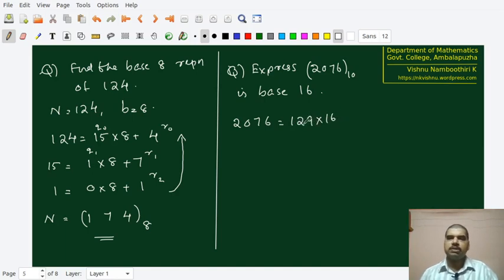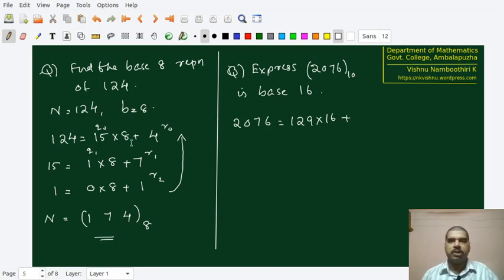What I did is just I divided 2076 by 16 using the calculator, and then took the integer part, because we know that the number of 16s that's in 2076 can be found by dividing 2076 by 16 using decimal division, and just removing the fraction part.